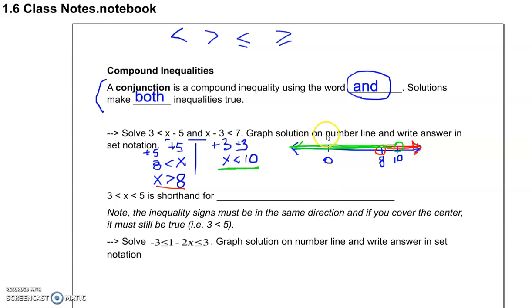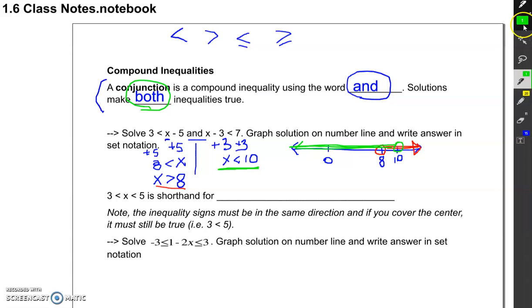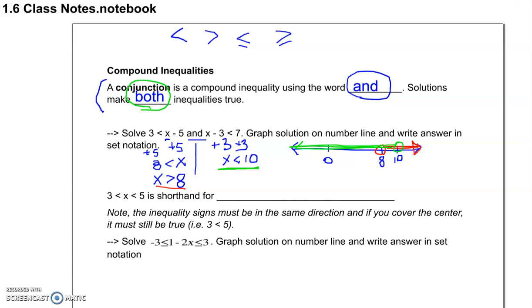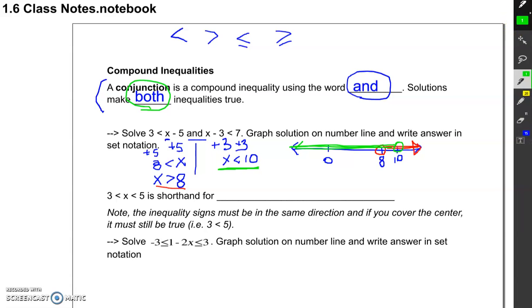So we want the numbers that make both true. So that's the overlap. So that's the numbers that are both red and green. And I'm going to switch back to blue to put my final answer in blue. So right here in the middle, we have the numbers that are in between 8 and 10. Those are the numbers that we want.